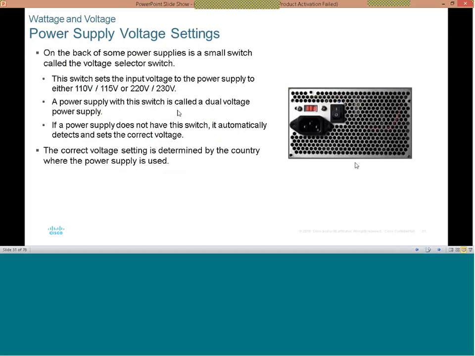So you need to be sure which standard you're using in your country, such that you don't want a dual voltage power supply.